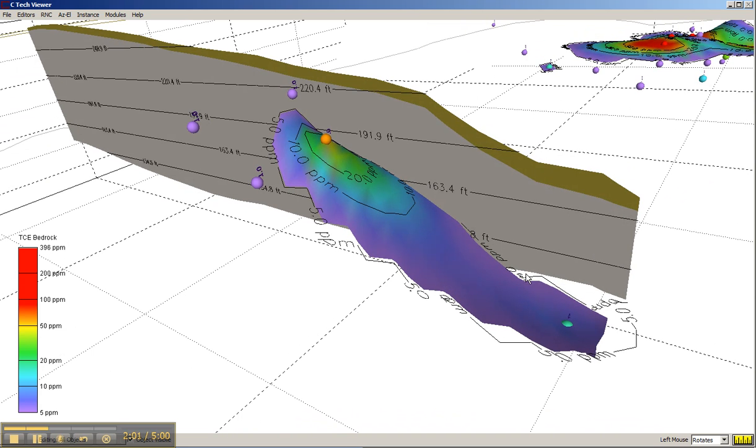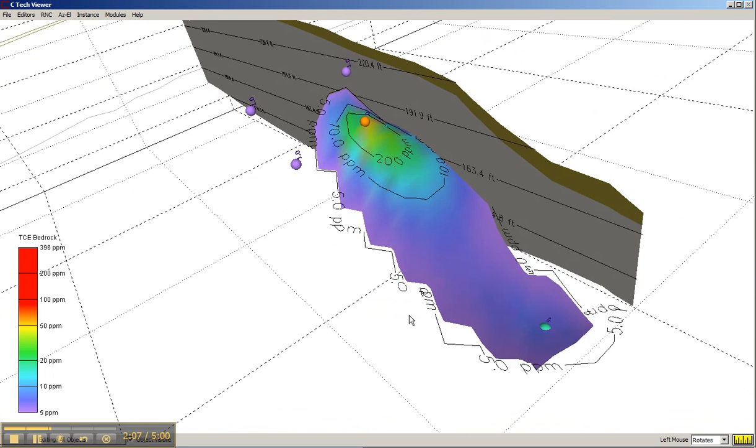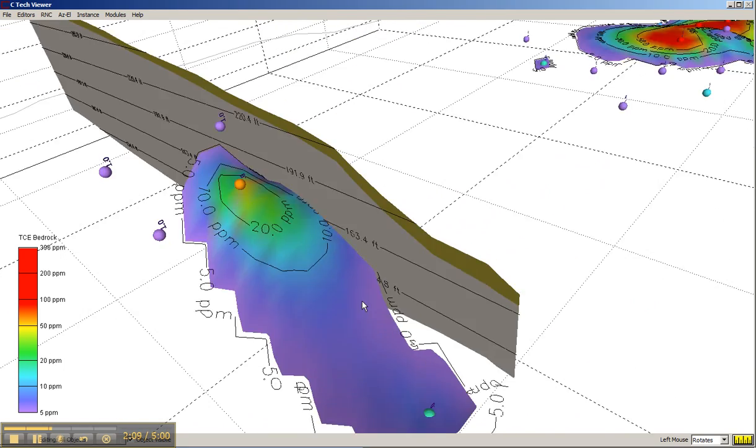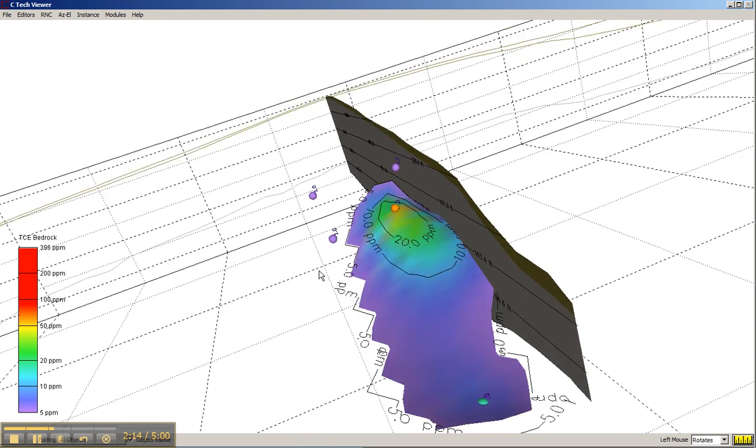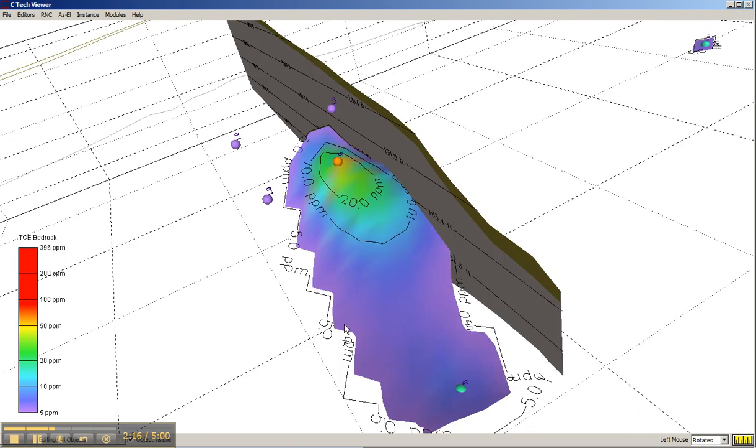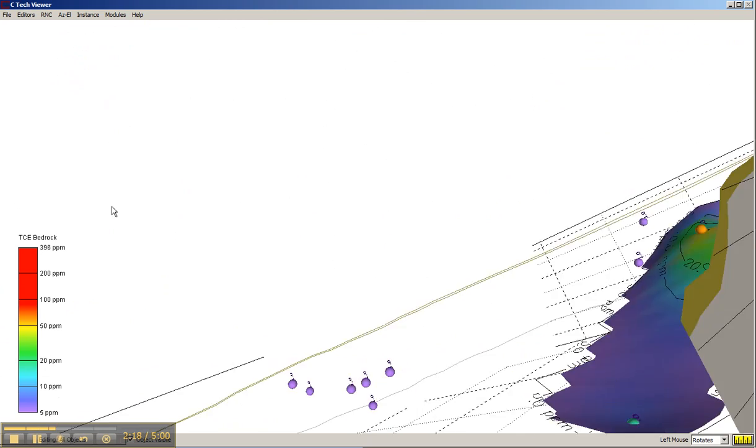So again, this is the TCE bedrock plume. We've subset this thing at 5 ppm. We wanted to just show 5 parts per million, and that's what we've done here.